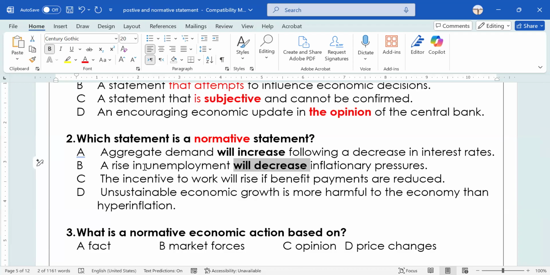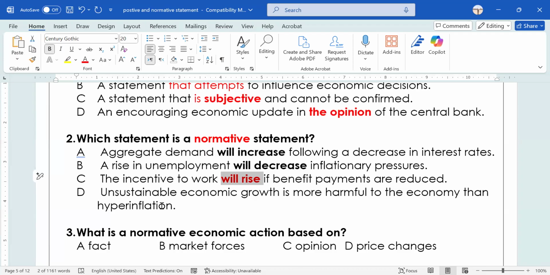Okay, how about letter C? The incentive to work will rise if benefit payments are reduced. So when we say incentive to work, it means the motivation or reason for people to get a job. And benefit payments is what we call the money given by the government to people who are unemployed or with low income.